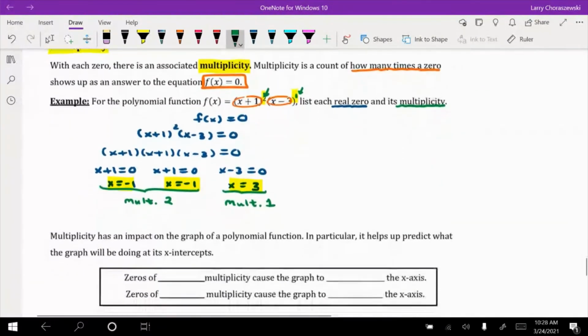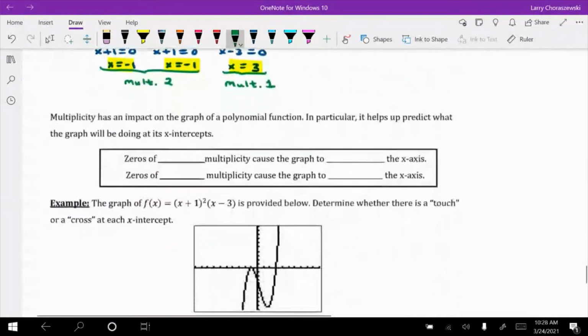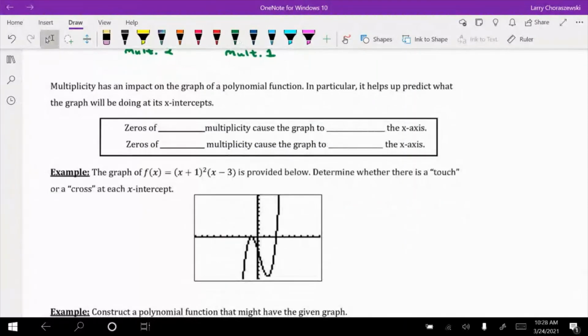Now, what's important about multiplicity is the effect that it has on the graph of a polynomial function. The multiplicity is either going to be an even or odd number, and any 0 that has an even multiplicity will correspond to an x-intercept at which the graph touches the x-axis. So zeros of even multiplicity are going to cause the graph to do what's called touch the x-axis.